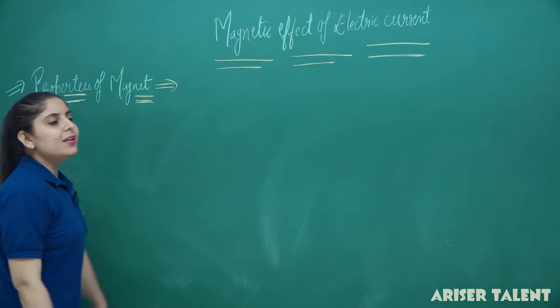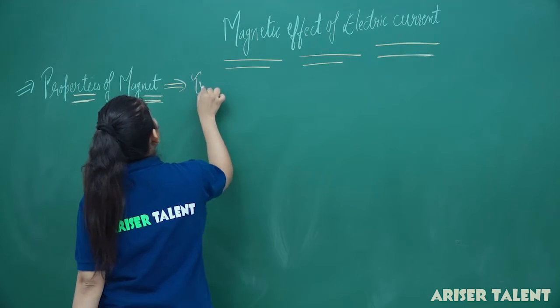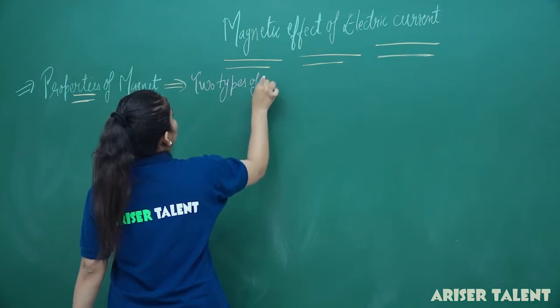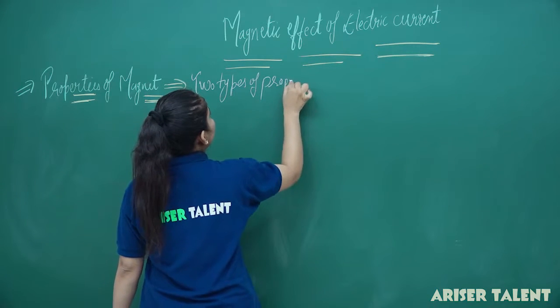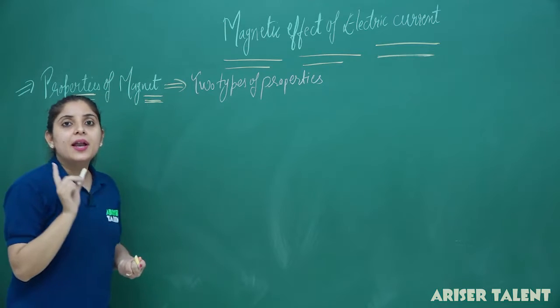Now, what are the basic properties of the magnet? I have told you that there are two types of properties of magnet. This is known as directional property and attractive property.